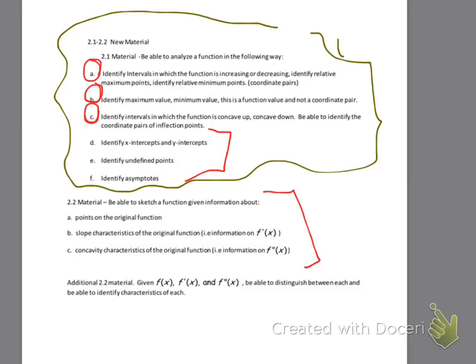If I give you a picture of f of x, f prime of x, and f prime prime of x, all on one graph, you should be able to tell me which is which. Okay, so that's kind of an important thing. You should be able to tell me about each one and also tell me which is which if I do not label them for you. So that is another important thing to be able to do. If you can do all this, you're good to go. It just takes a little practice and you will be all set.